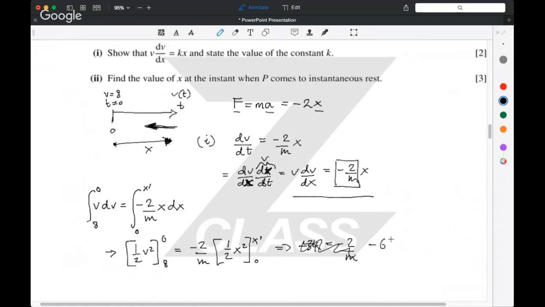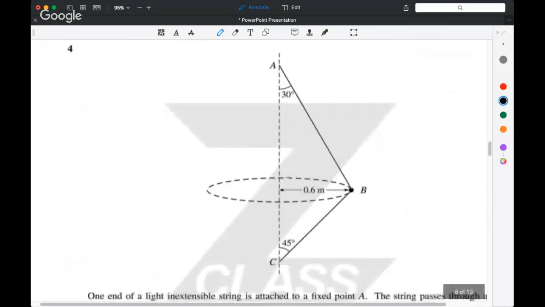There's a half on each side, so I can actually get rid of that. So minus 64 is equal to minus 2 over m x prime squared, and so on. You can get x prime. Excuse me. Okay. And that's all you need to do. So again, separation of variables, and just make sure that the limits match, and you're careful when evaluating it. And you get the answer.